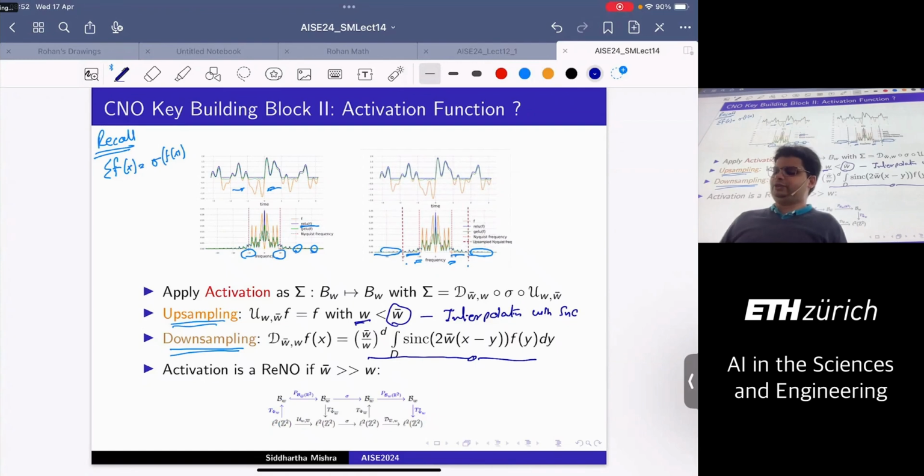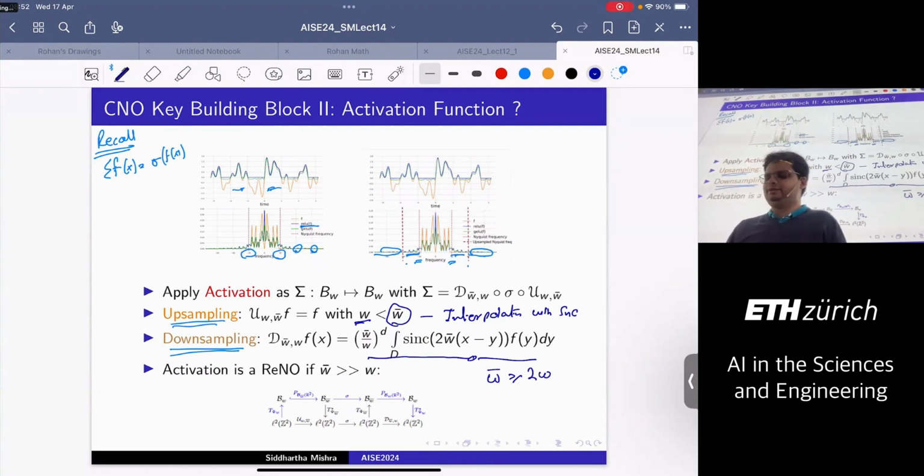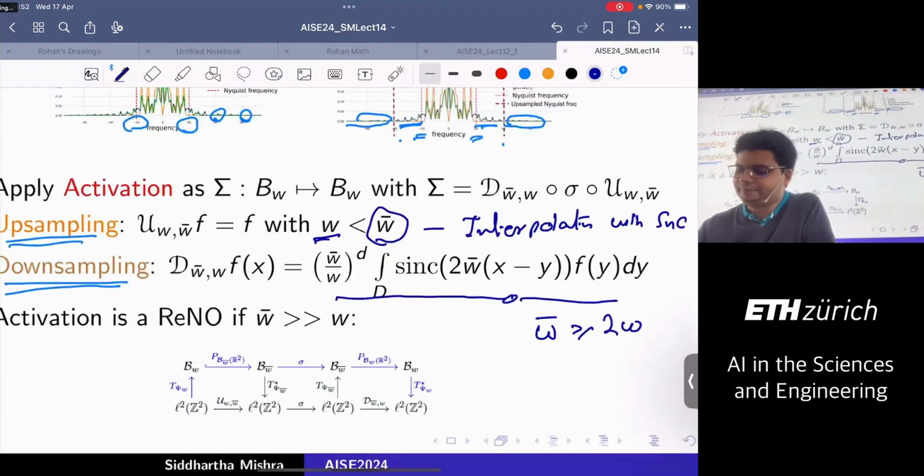Now, it turns out that, for instance, if my nonlinearity was a square, I know exactly that as long as this omega bar is greater than or equal to 2 omega, then this entire process is completely a ReNO. Why? This is for a square nonlinearity. I'm going to illustrate it for other nonlinearities in a bit.